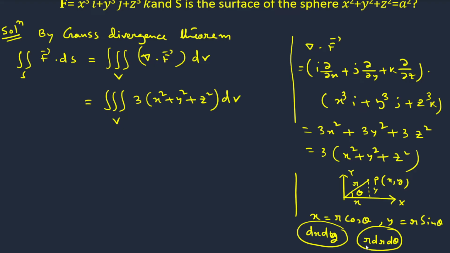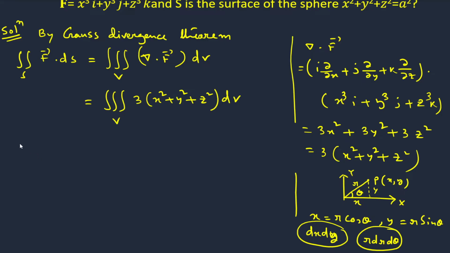Maybe some of you know where this r comes from. This r is called the Jacobian. When you take a transformation, something will change, and that change is known as the Jacobian. So here also, since xyz is a Cartesian coordinate system but a sphere is given, we have to make a relation between this Cartesian coordinate system and the spherical coordinate system. To do that, we have to take the transformation.